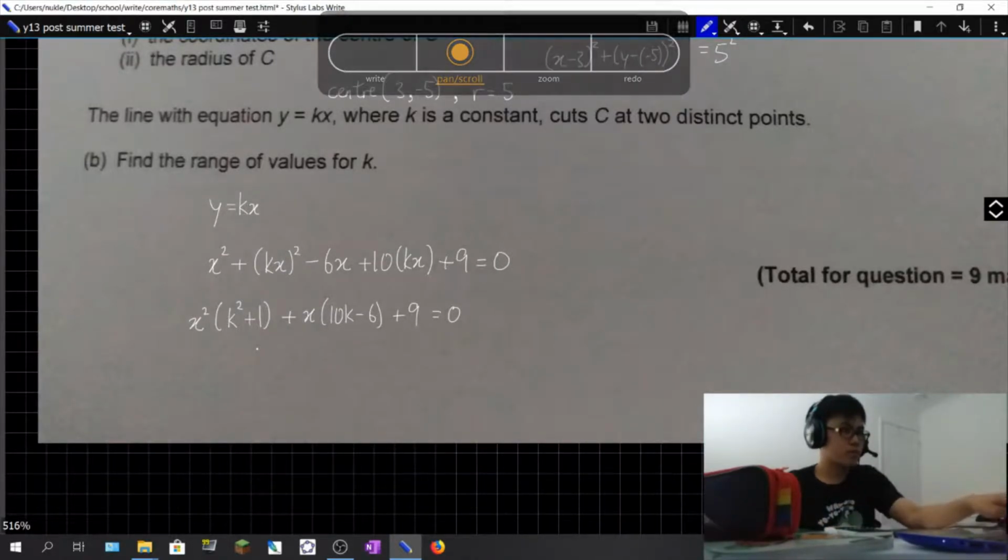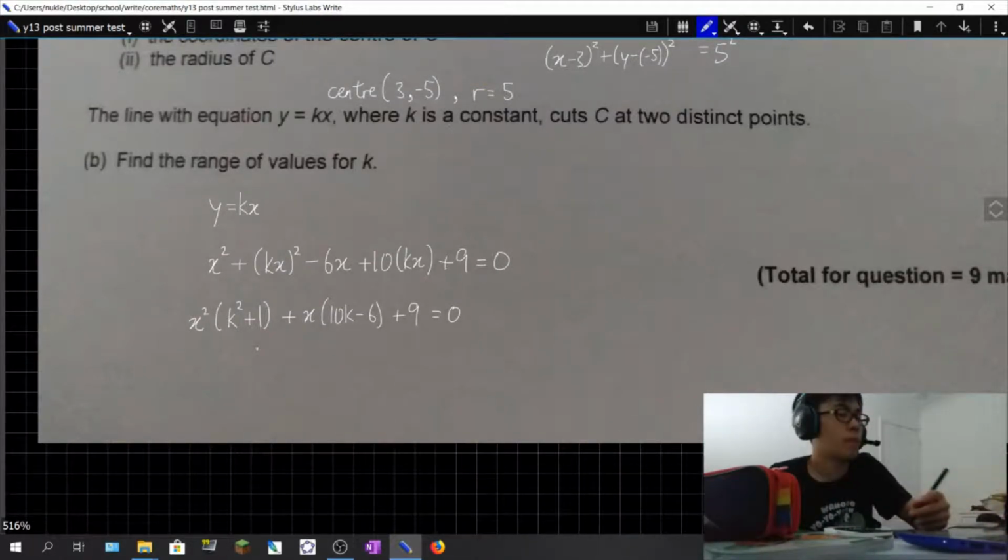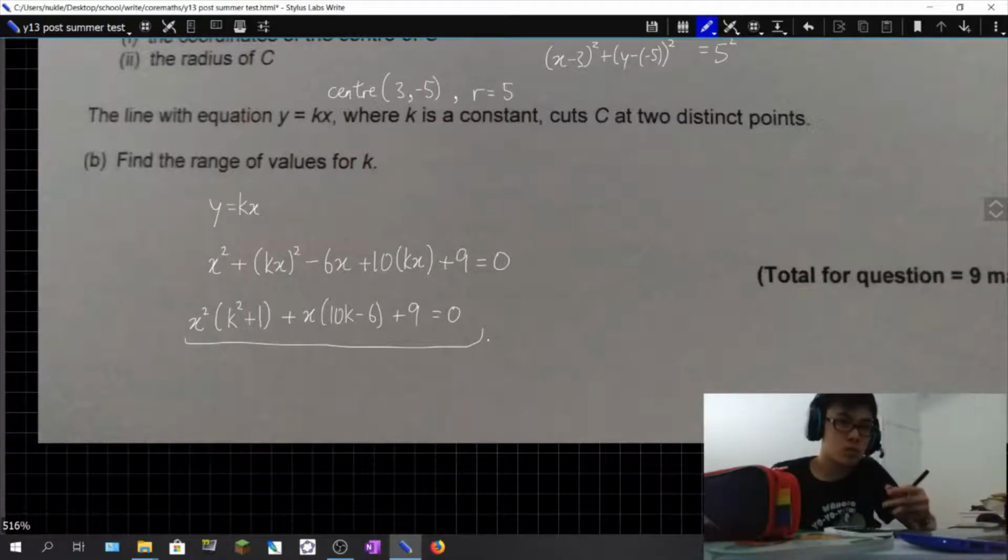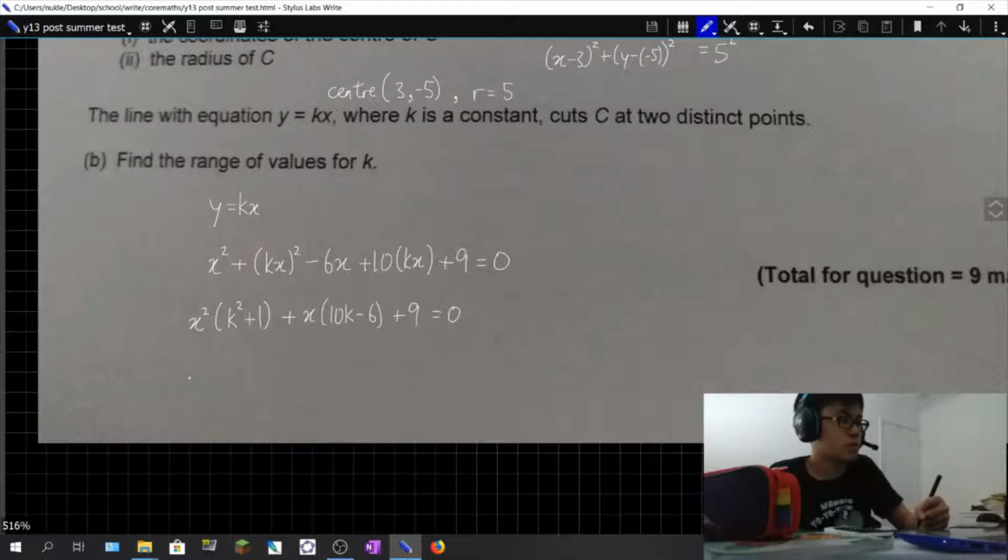And what do we do when we have quadratic equations? It says it cuts the circle at 2 different points. That means this quadratic equation has 2 different solutions for x. So we're going to look at the discriminant, because you remember this discriminant: when the discriminant is bigger than 0, there are 2 solutions for x.